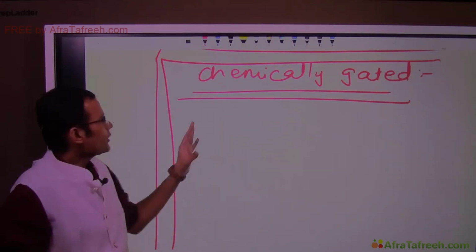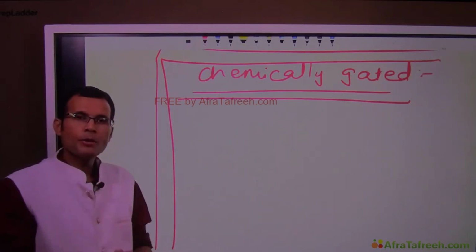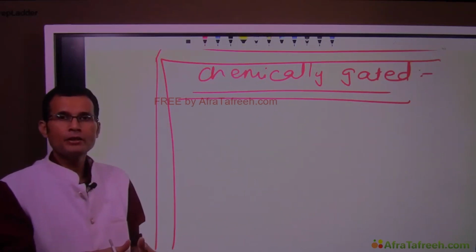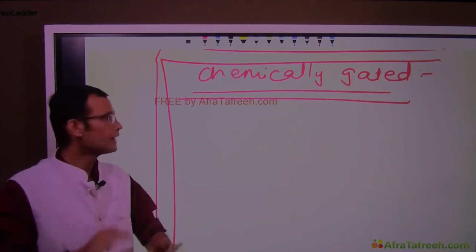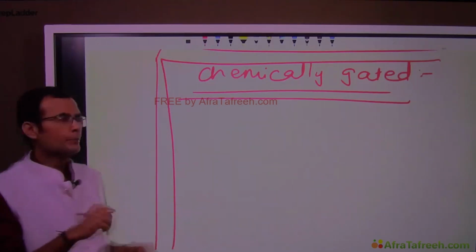And when I say chemically gated channels, I am talking about the intracellular chemical which can open or close the gates. Right? So let that distinction be made. Here I am talking about the intracellular chemical mainly.